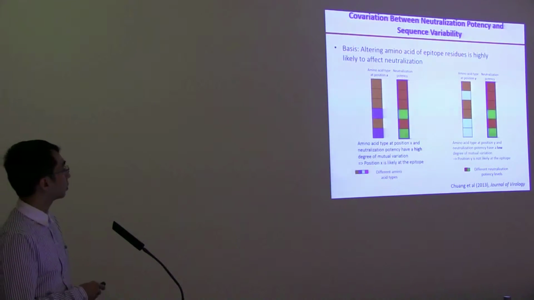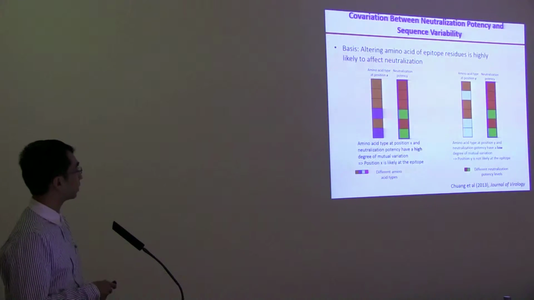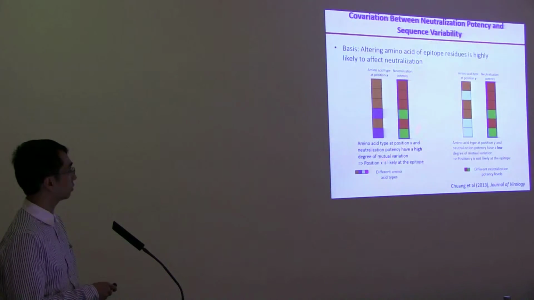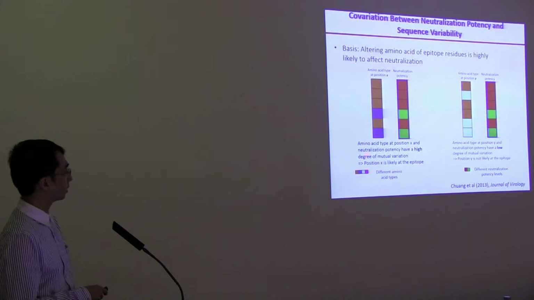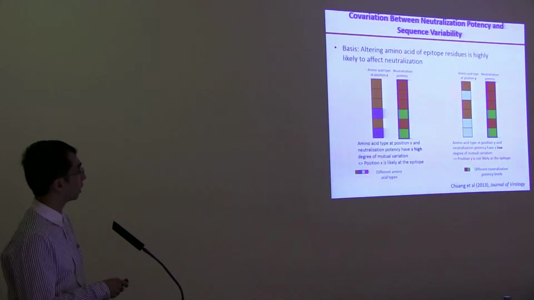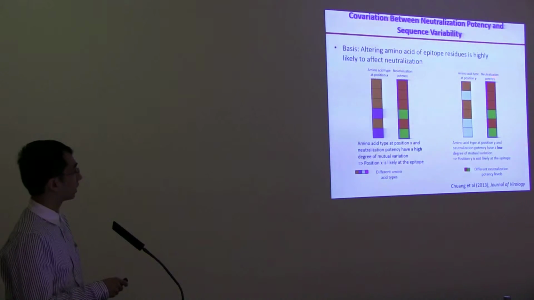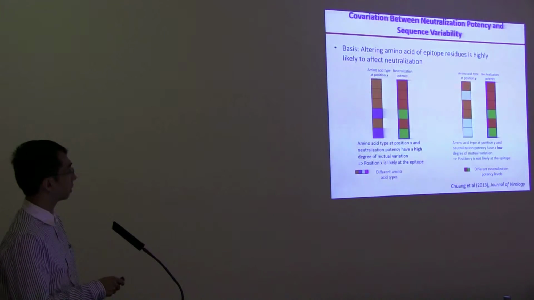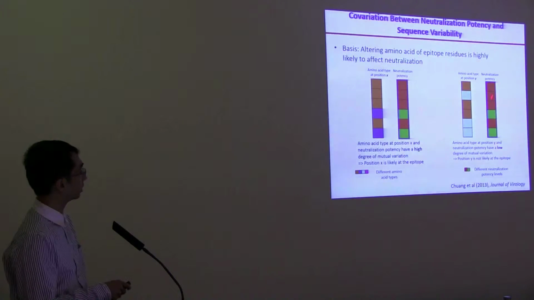So for positions where you have a high covariation between amino acid type and neutralization potency, it is more likely to be an epitope residue compared to residues where you have less covariation between amino acid type and neutralization potency.